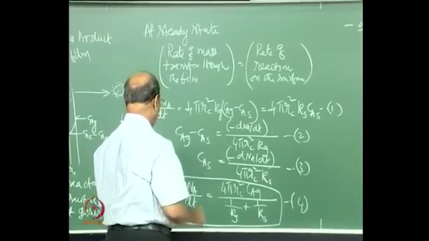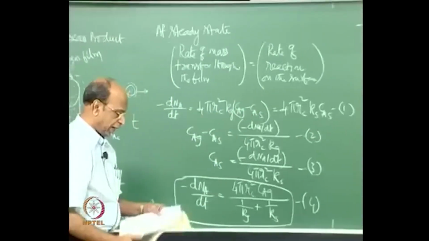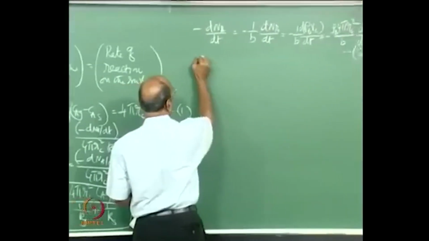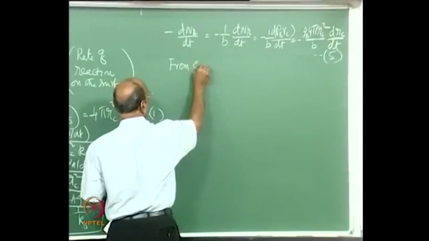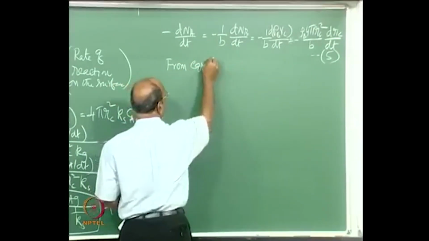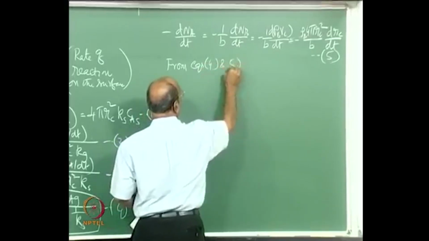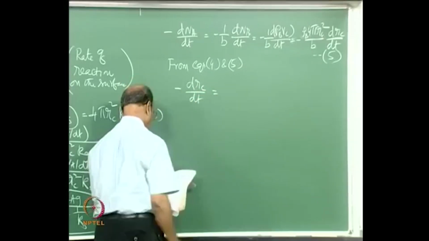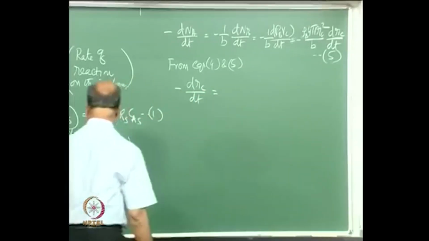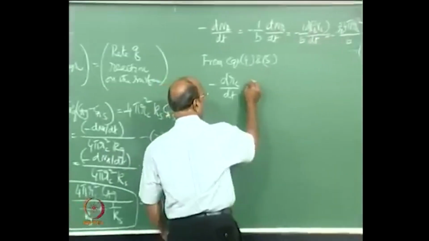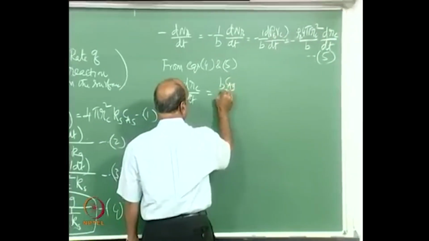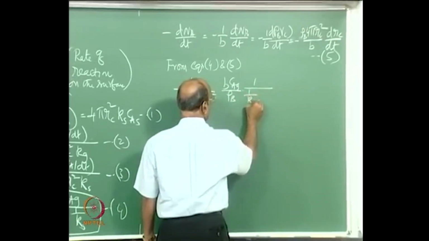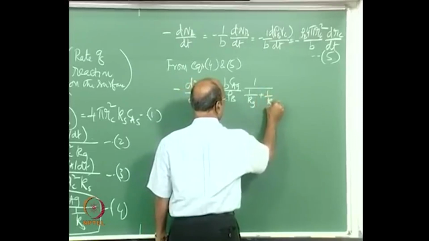Now, if I take equations 4 and 5, dRc by dt can be written as: minus dRc by dt equal to b CAg by rho b into 1 by (1 by kg plus 1 by ks).